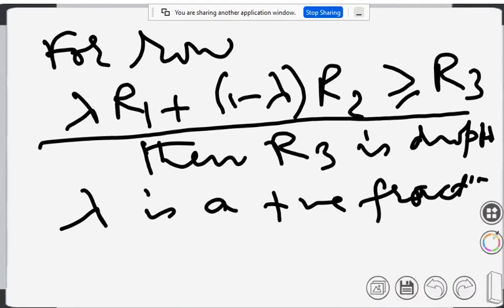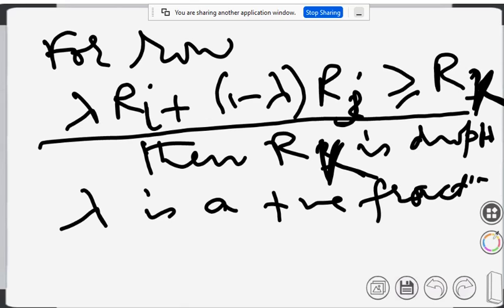Lambda ri plus 1 minus lambda rj is greater than or equal to rk. Here i can be any row, j any other row, and k the third row.